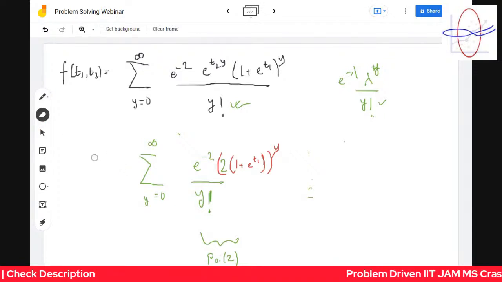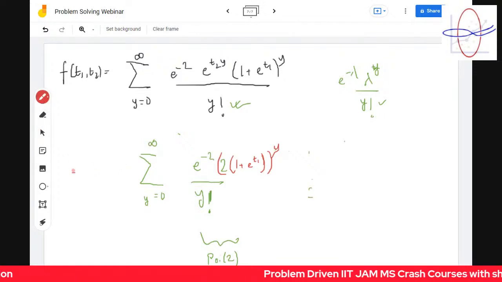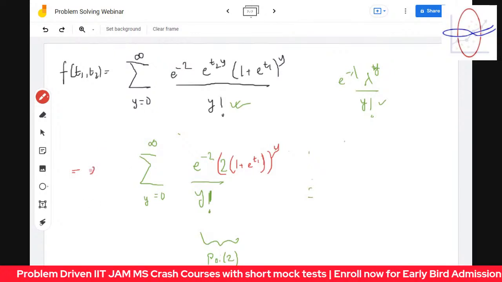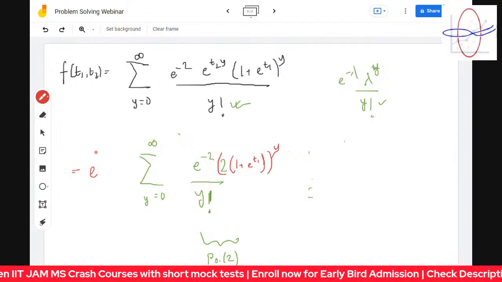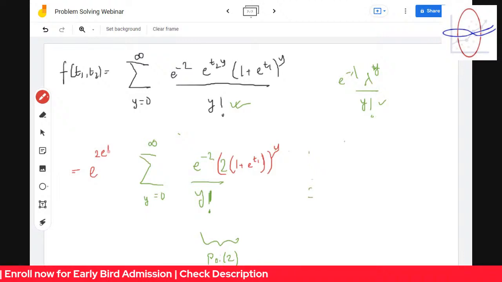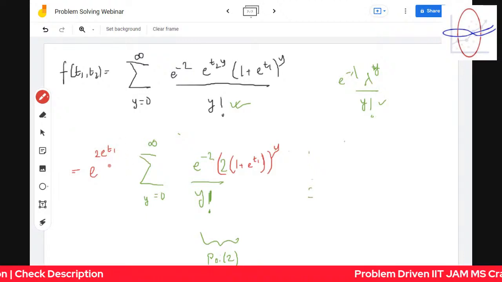So that will go outside, because it's not dependent on y. So it's 1 by, I'm adding e to the power minus 2, she's adding 2. Just give me a minute. I'm adding 2 e to the power t1, I guess. Yes, just checking.